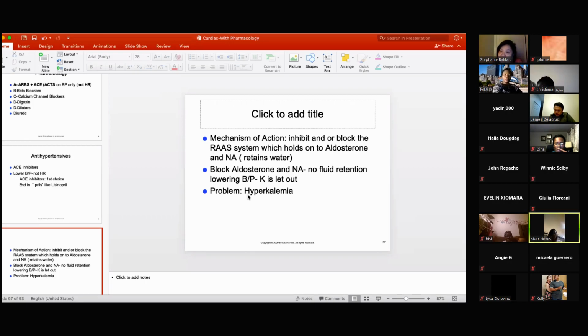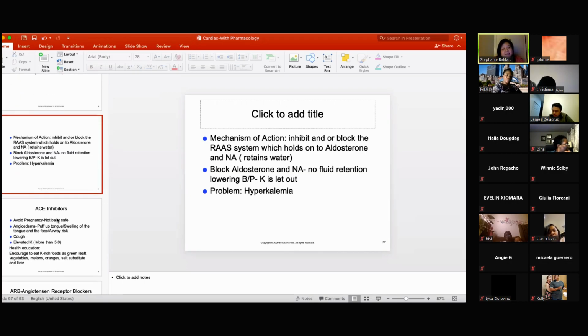Hyperkalemia. So for your ACE inhibitors, they block your sodium, they block your aldosterone, so there is no fluid retention. However, blocking the sodium allows the potassium to go out. So one of the biggest problems with your ACE inhibitors is hyperkalemia. So potassium levels are elevated.